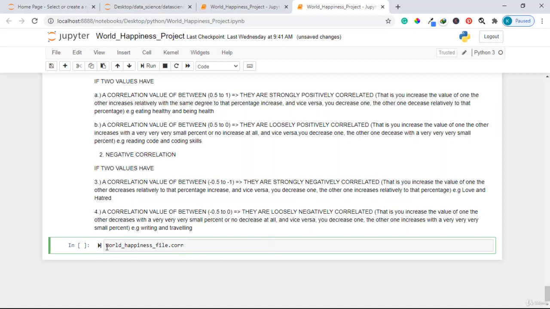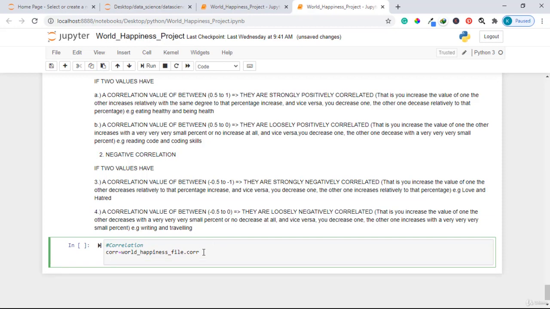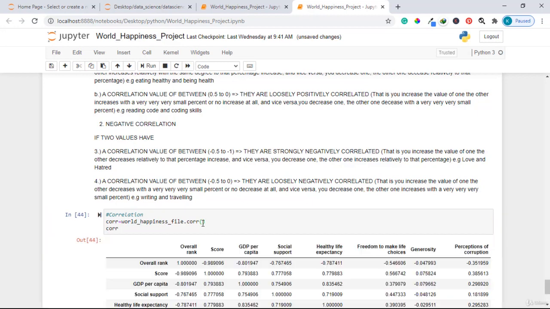Let me assign it to a variable known as corr, like so. And then let me also add a comment so that you can see it while going through the code. Correlation, and let me just print the correlation down here. So all this should be in brackets there, like so.